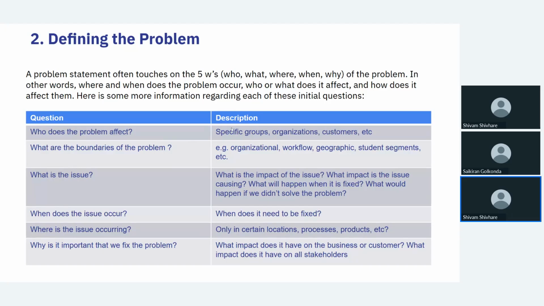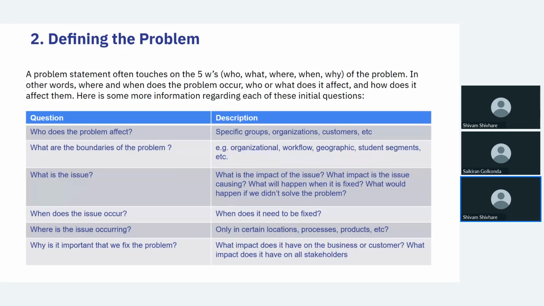Like specific groups, organizations, or customers. What are the boundaries of the problem? Next is what is the issue? What is the main effect? Through that issue, how will the impact be? What is the issue causing? Everything you need to check before defining the problem.